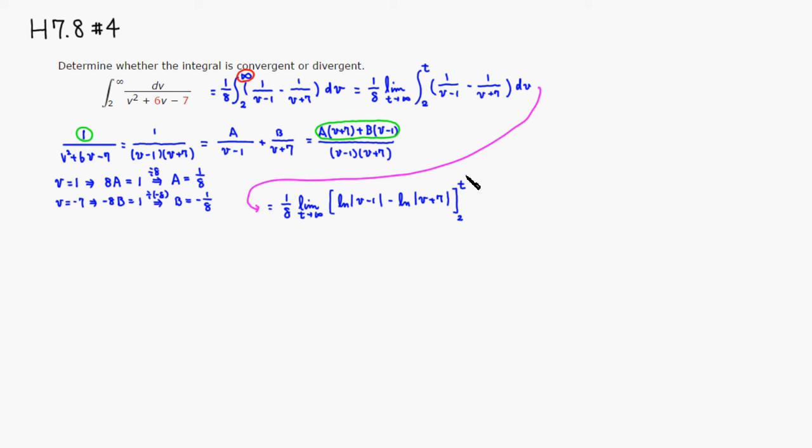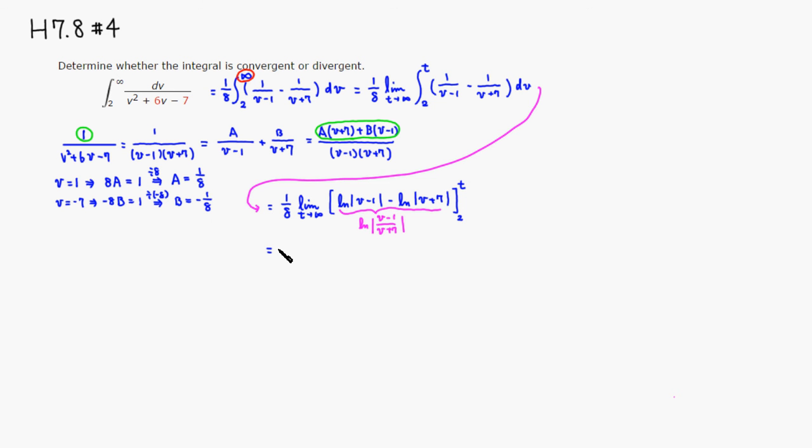Before we plug it in, we can combine those two together as natural log of absolute value of, since we have a subtraction, a division inside: v minus 1 divided by v plus 7.